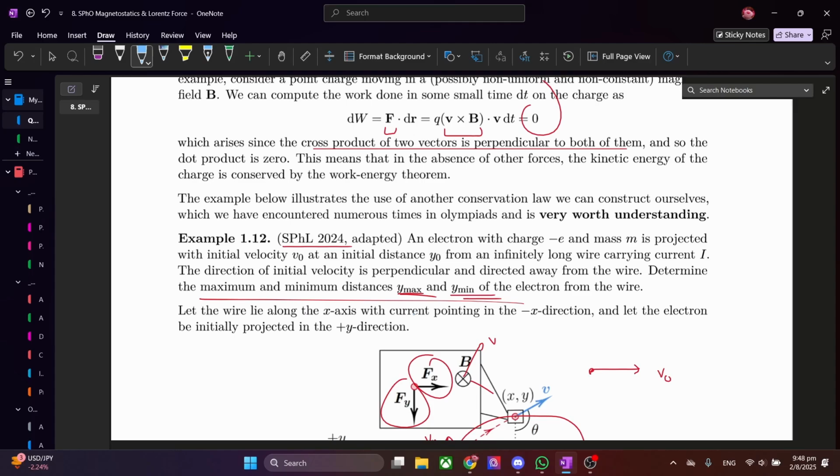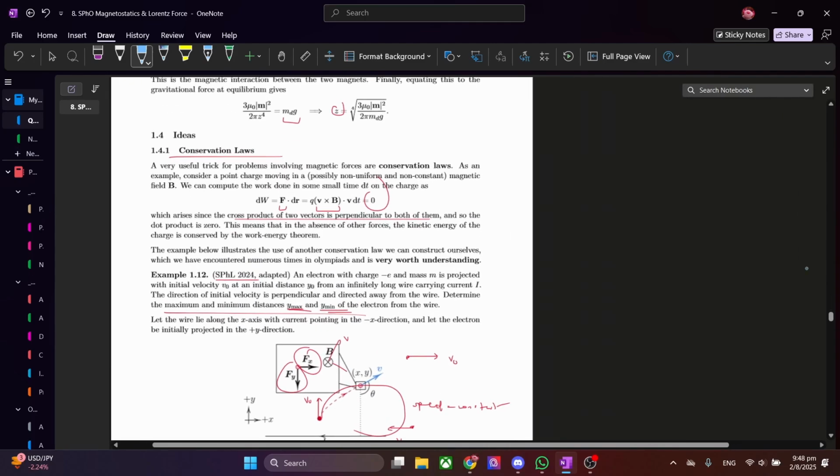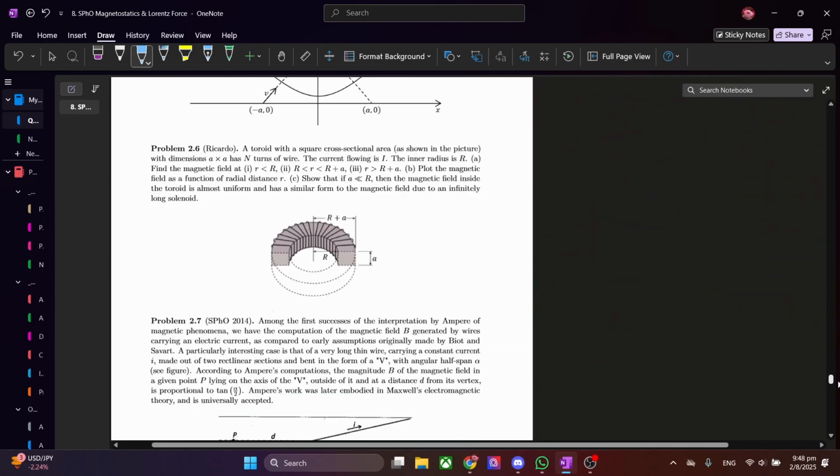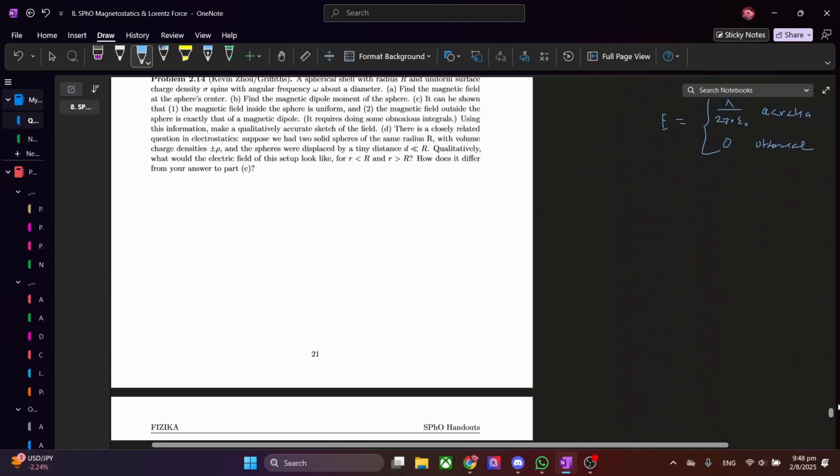Also, I'm too tired to derive from the spot, but just bear with me, because I have the solution somewhere. Ah, there it is. Okay, so let me go back to the question and let me just draw it out.